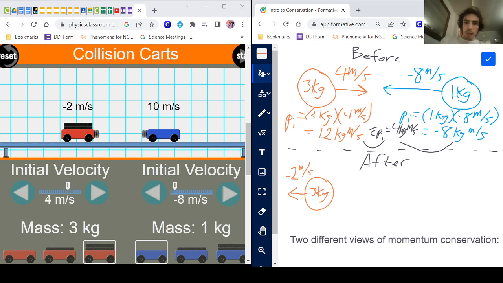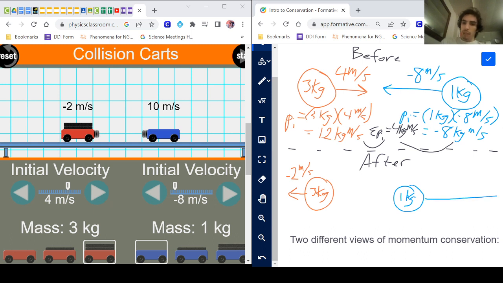And for our blue object, it still has that same mass of 1 kilogram. And now it's moving with a velocity of positive 10 meters per second.